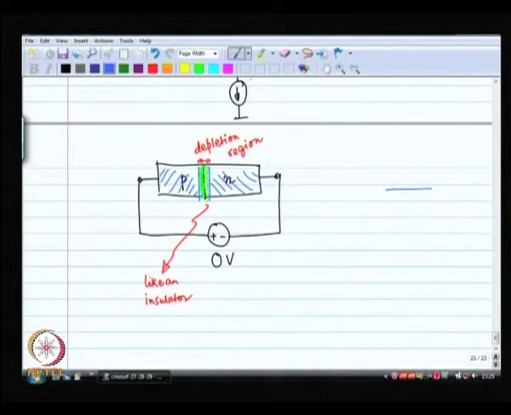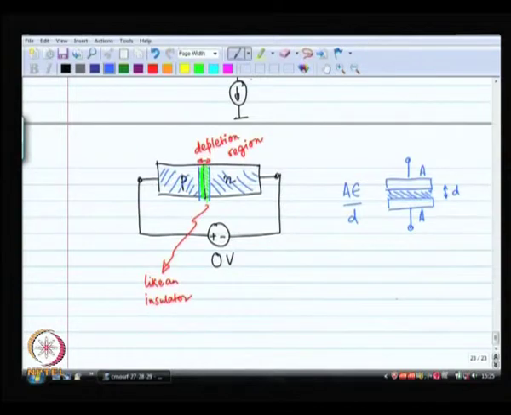Whenever you have two plates separated by an insulator, with some dielectric in between, it is like a capacitor, all right, and the capacitance is A times epsilon divided by D, where A is the area of the two plates. This is a classic parallel plate capacitor.